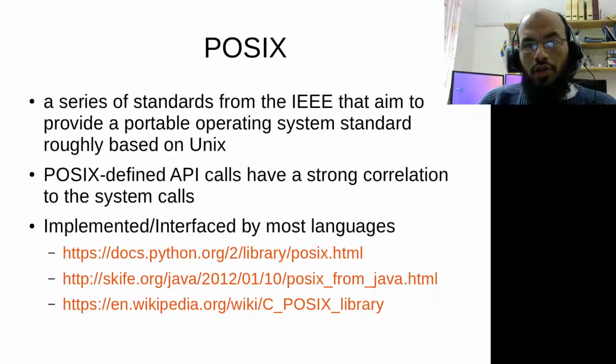There are a series of standards from the IEEE that define how a programming library should interact with the operating system. You typically see that the POSIX-defined APIs have a very strong correlation with the system calls that are actually implemented in Linux.